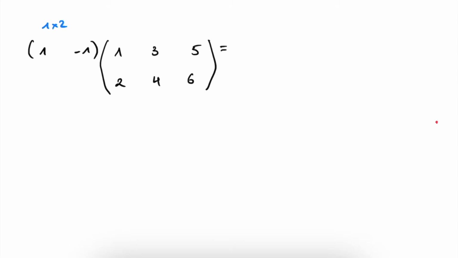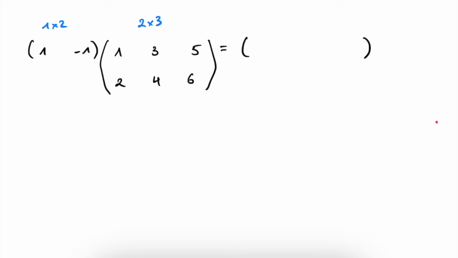And for the other matrix, we have a 2 times 3 matrix because we have 2 rows and 3 columns. And if we look at these inner numbers, we see that indeed we can do this multiplication. And if we look at the resulting size of the matrix, we get a 1 times 3 matrix, which means 1 row and 3 columns.